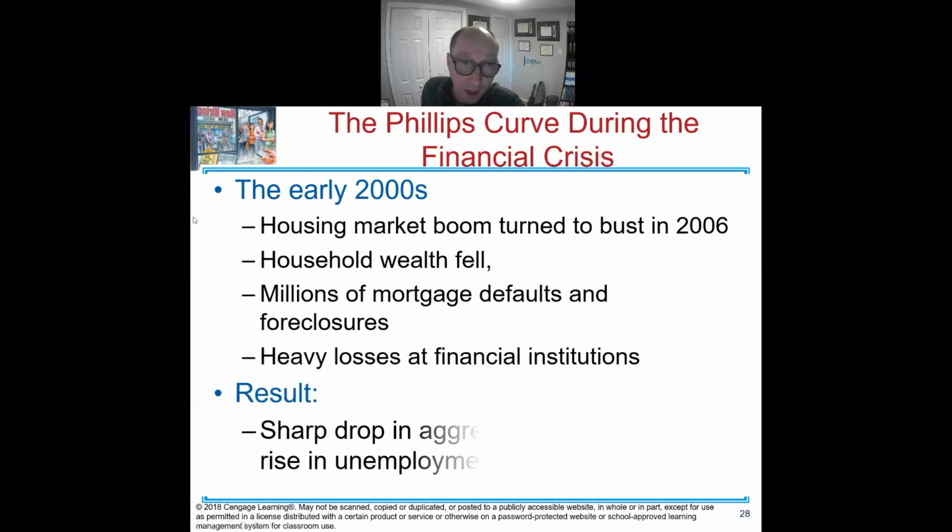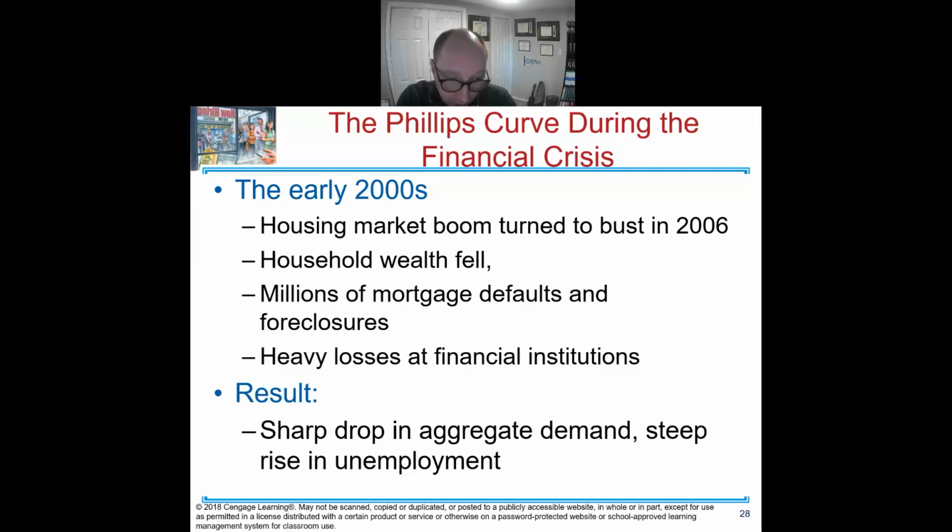In the early 2000s, the housing market was doing very well. But as we know, what happened in 2006 is the bottom fell out. There were a lot of mortgage defaults and foreclosures, a lot of losses with financial institutions.